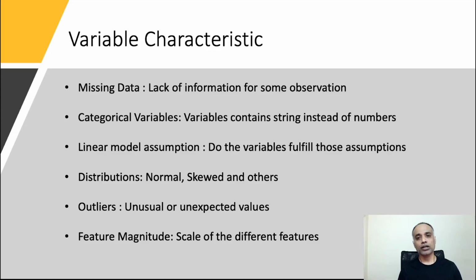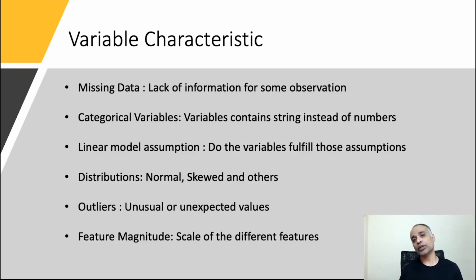Then another characteristic is outliers. Certain variables have different kinds of outliers. Outliers are unusual or unexpected values which do not come up in common circumstances, or maybe it is a valid value but not a commonly available one. Then there is the feature magnitude, which is the scale of different features.